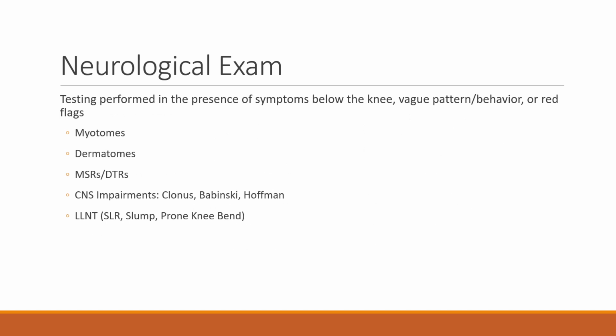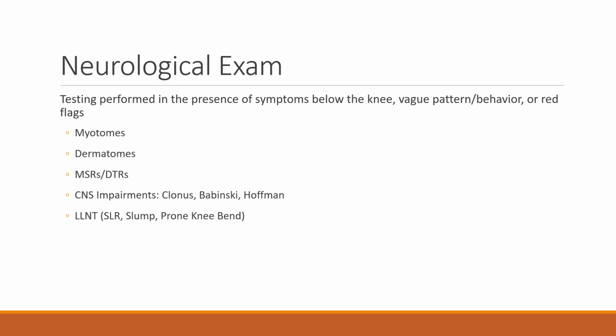The neurologic examination is going to be particularly important for patients with lumbar spine disorders because of the potential for nerve tissue to be involved. When we think about who we would do a neurologic examination for, it's any individual who has any symptoms into the lower extremity, especially below the knee.